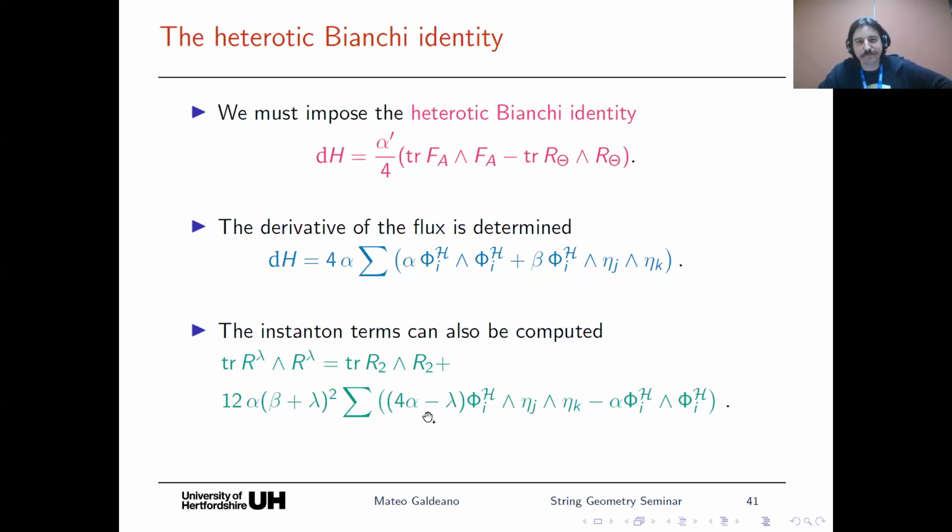And you have this very nice behavior where, remember I was telling you that the curvature was splitting into R2 and R1 part? Well, it turns out that you have this R2 contribution and then some additional contribution that depends on this form, which are kind of the same that you have here. So now you can just put this in here and try to see if you can find a solution.